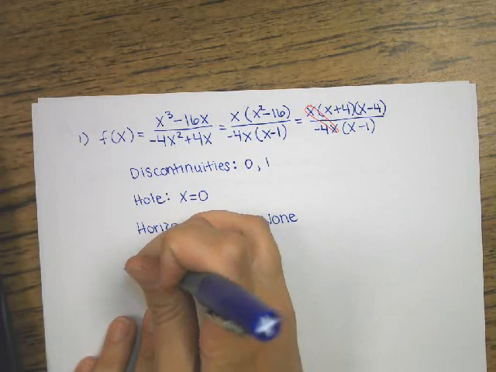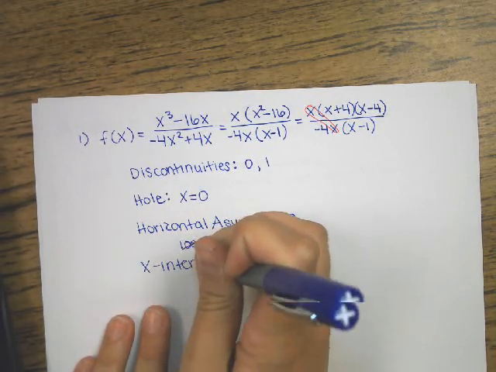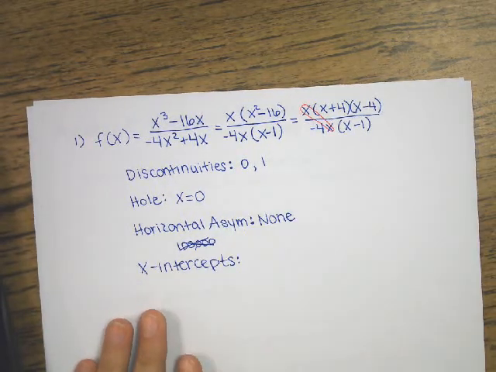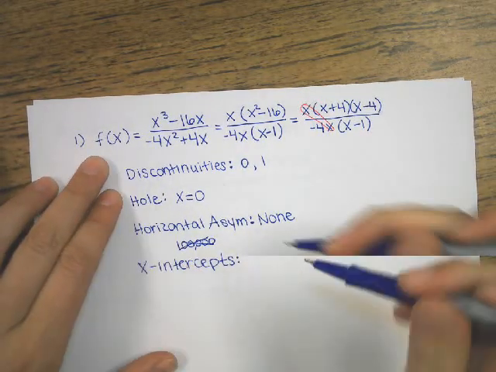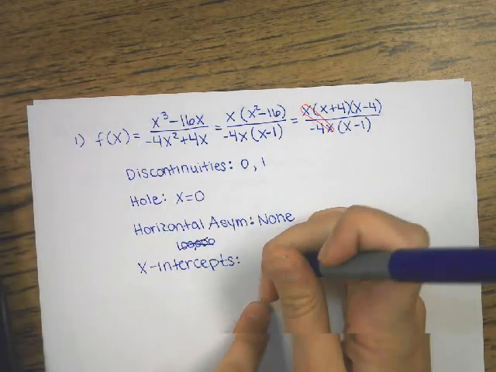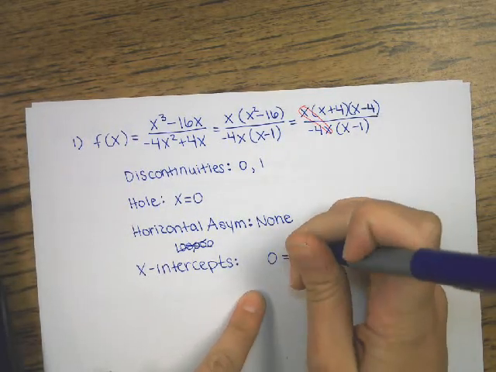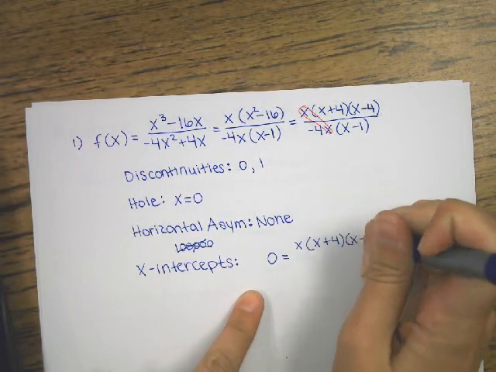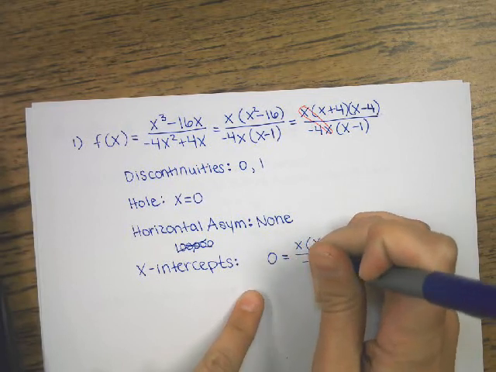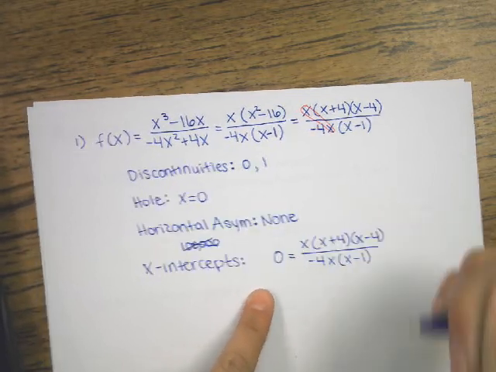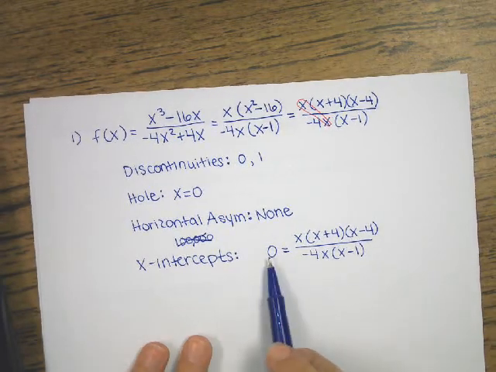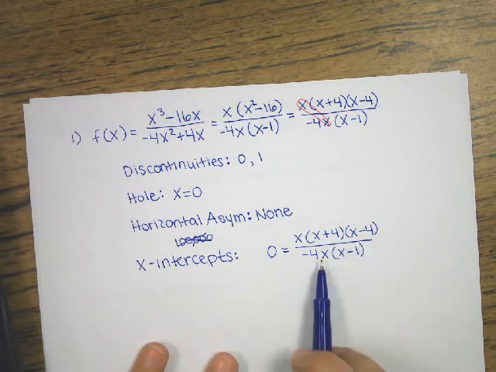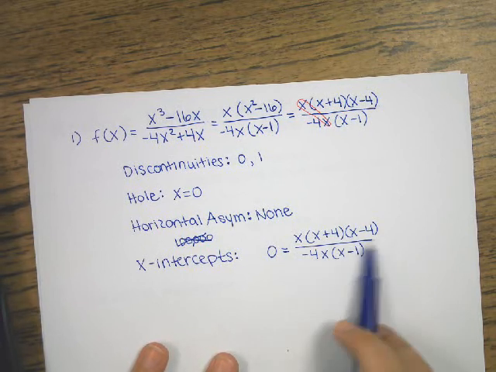Next, we're going to look at our x-intercepts, which are where the function is 0, which is where y is 0. So I'll use my factored form. 0 equals x times x plus 4, x minus 4, over negative 4x times x minus 1. Now this looks like a lot, but if this fraction is going to be 0, the top has to be 0.